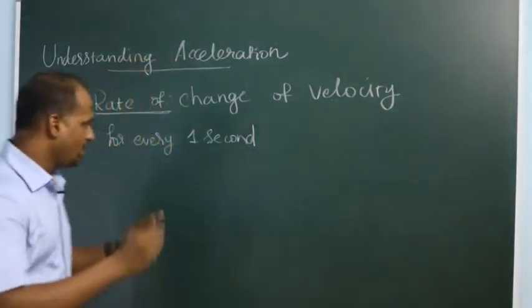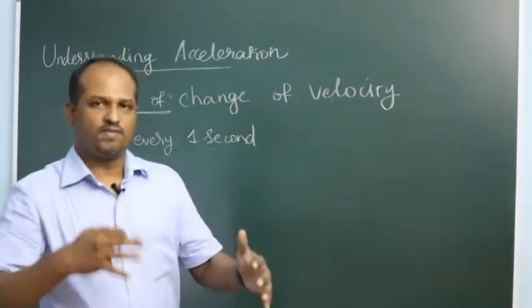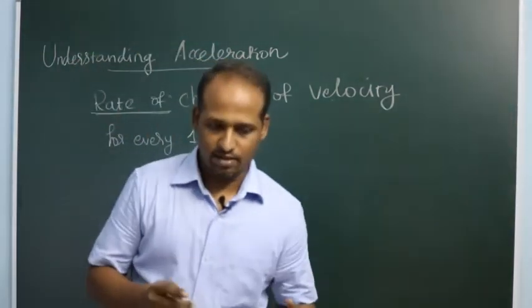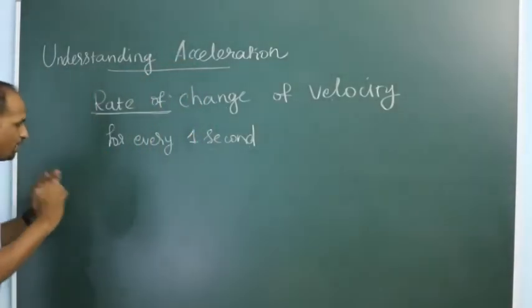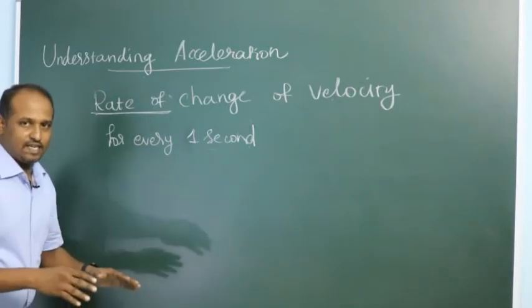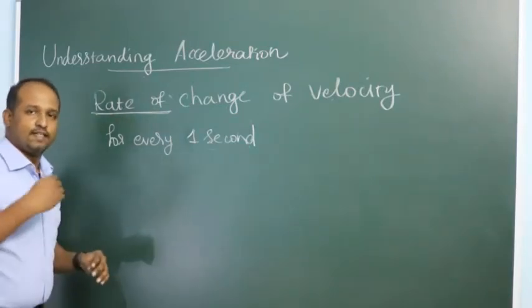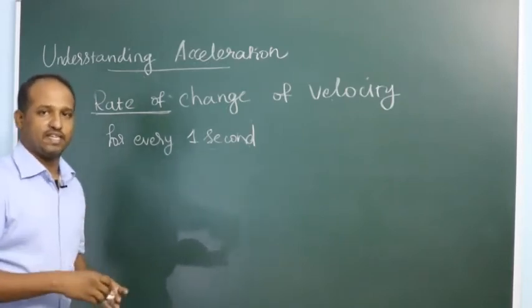How do you calculate that? Suppose you take the case of a 5th generation fighter jet, because I'm going to talk about a little bit high velocity. The speed of the jet was 0. Once they start the jet, within 4 seconds, the jet is now going with the speed of 160 meters per second.